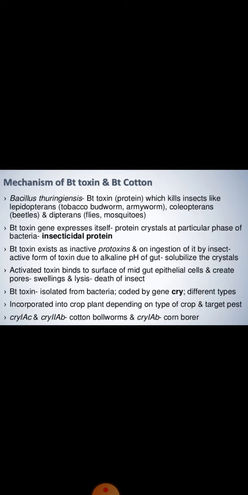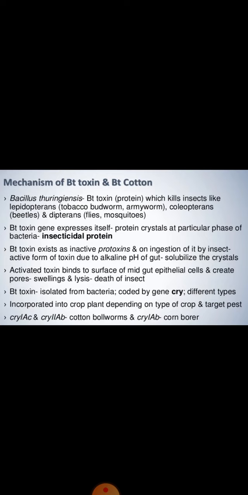Now a number of cry genes have been isolated. For example, the proteins encoded by the genes cry1Ac and cry2Ab control the cotton bollworms. They only act on cotton bollworms.